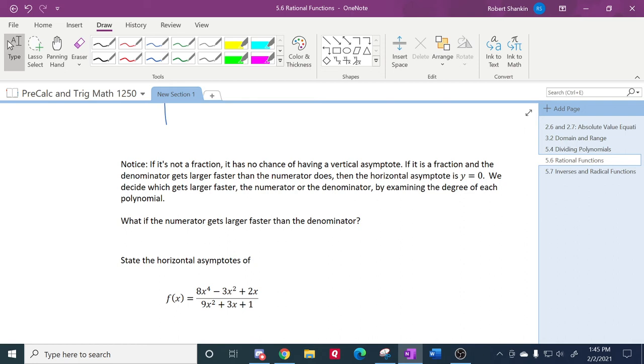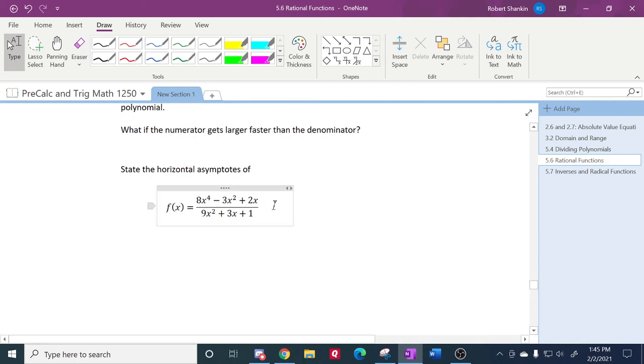The one case that we haven't looked at yet is, what if the numerator gets larger faster than the denominator? So, state the horizontal asymptote of this one. Let me give you 30 seconds. Pop into your group chat, and at my cue, state what you think the horizontal asymptote of this one is.